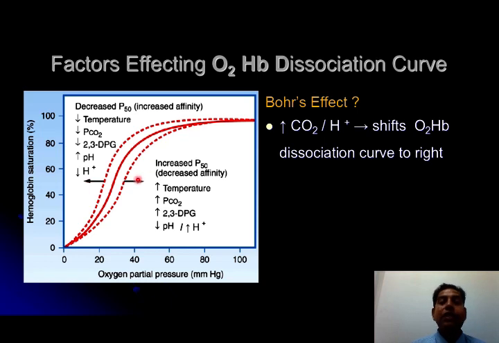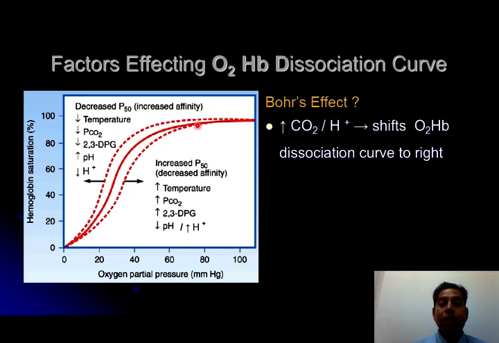In a case where you have hypercarbia, where the carbon dioxide is increased, you will find that the shift of the curve has taken this flat stage to a much higher PO2 level. That means initially if the curve was getting flat beyond 60, now it gets flat at around 70.